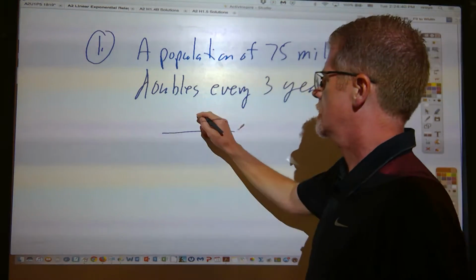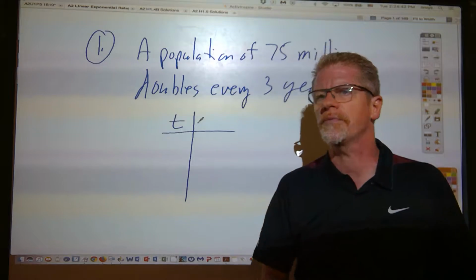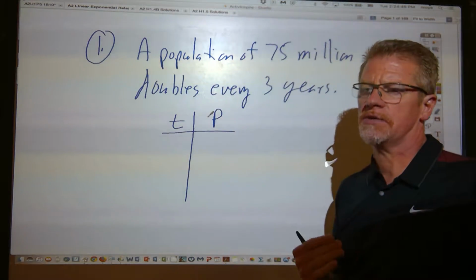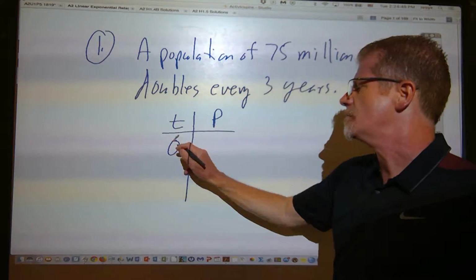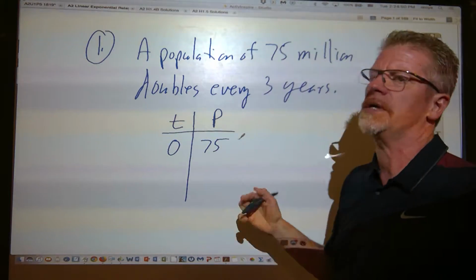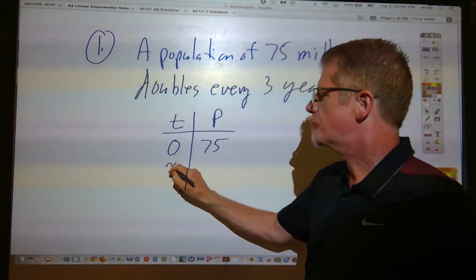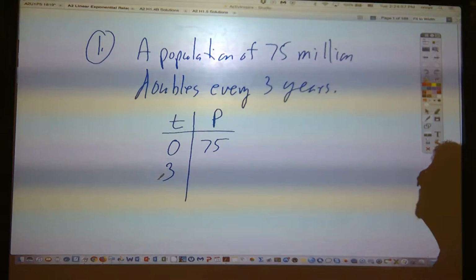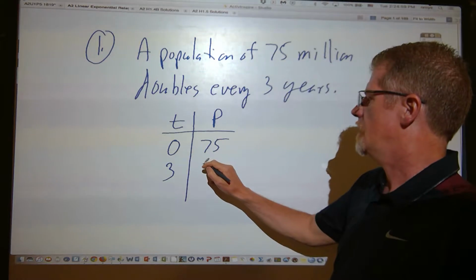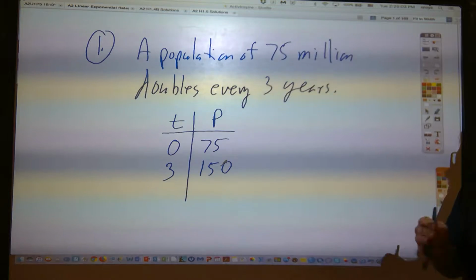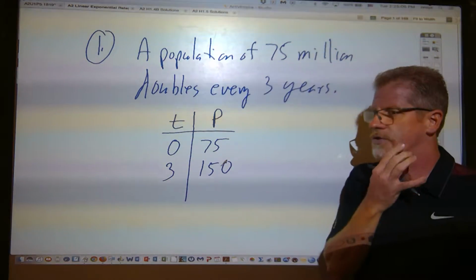Suppose we let T represent time and P represent the population at year T. Suppose at time 0, the population is 75 million. Population is measured in millions. And every 3 years, the population doubles. So 3 years later, we're up to 150 million, and it keeps going. At 6 years, we're up to 300 million.